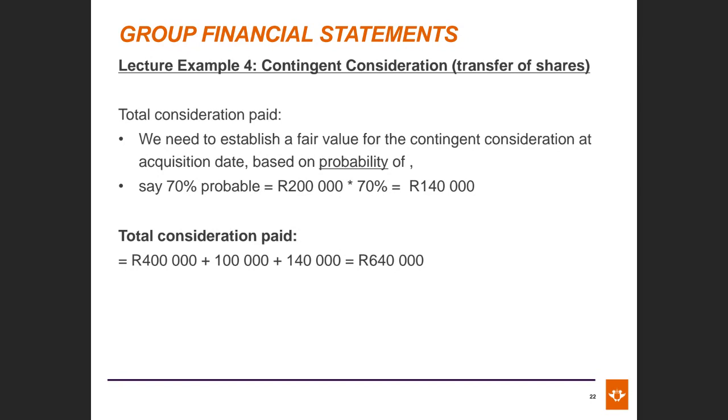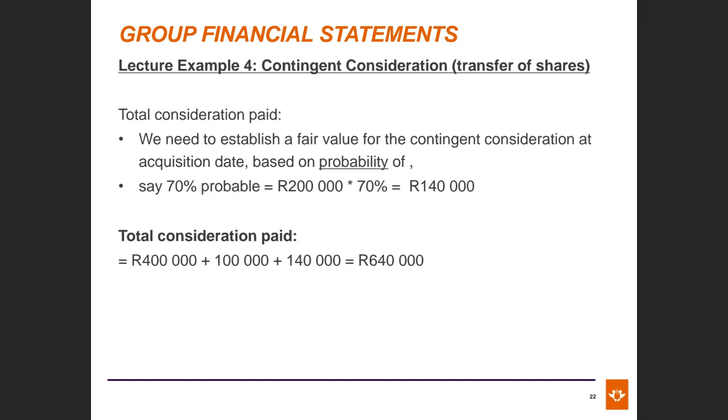This is going to give us 140,000 contingent consideration, which will form part of the total consideration paid. So that will give us total consideration paid of 640,000. Now we need to have a look at the journal entries.